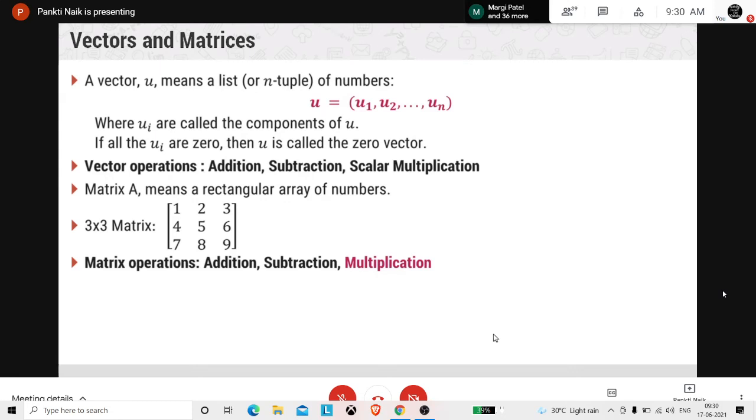Now, if all the ui are 0, then u is called the zero vector. Now, which operations can you perform on a vector? Addition, subtraction, and scalar multiplication.